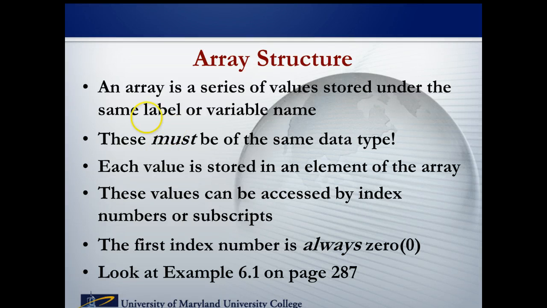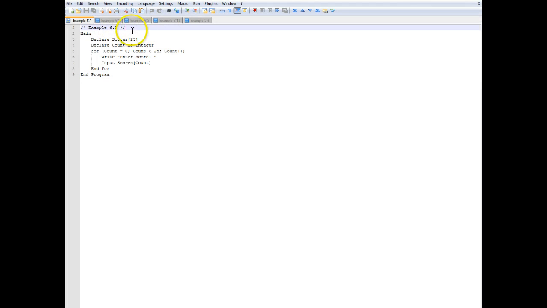So let's take a look at example 6.1 on page 287 of your text, if you wouldn't mind turning to that page with me. Okay, so we declare an array variable with the variable name scores, and you'll notice that we have a 25 in there.